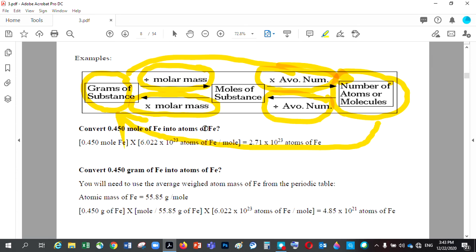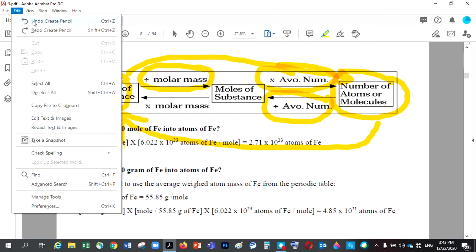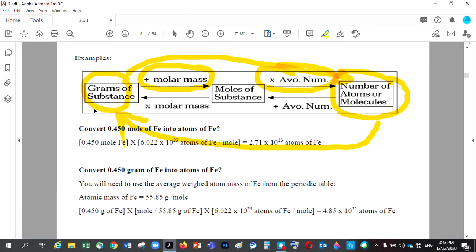So let's do one of these examples here, and say, convert 4.50 moles of iron into atoms of iron. So we are converting 4.50 moles into atoms.